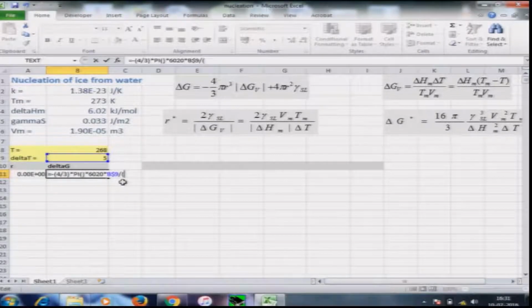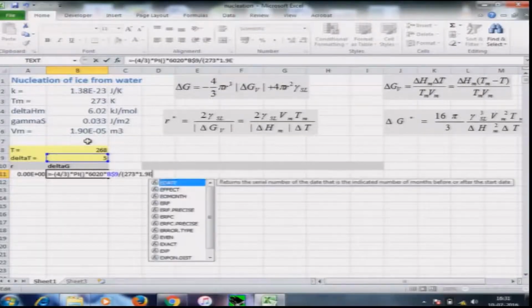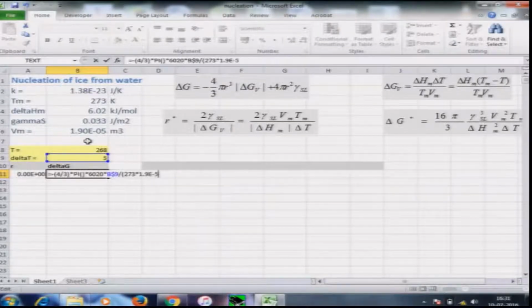First I will open brackets, then 273, which is the transformation temperature Tm, multiplied by Vm, which is 1.9 E minus 5, that is 1.9 into 10 to the power minus 5, the molar volume. Then I will close this.